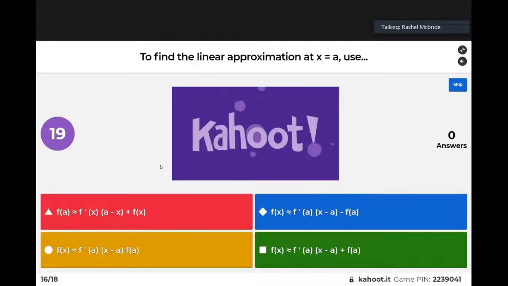Okay, and then the last thing we looked at was linear approximation at x equals a. What is our formula for linear approximation? I know it. I'll tell you in a few seconds once we all answer.